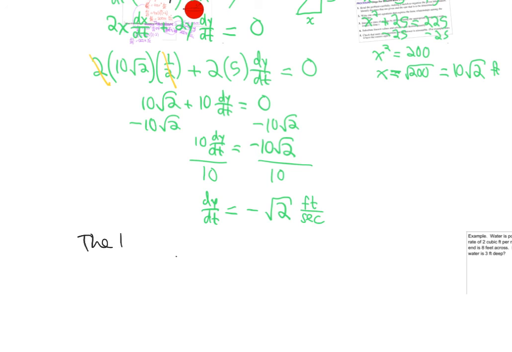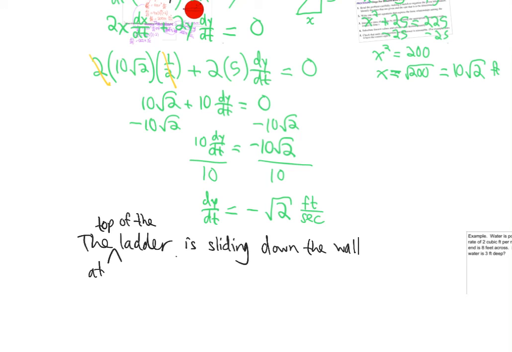The top of the ladder is sliding down the wall at a rate of root 2 feet per second.